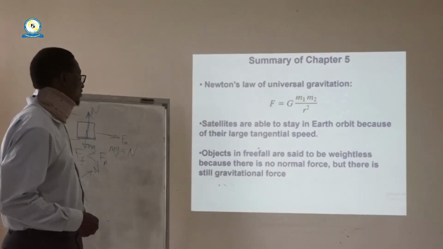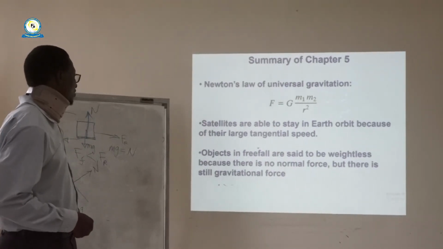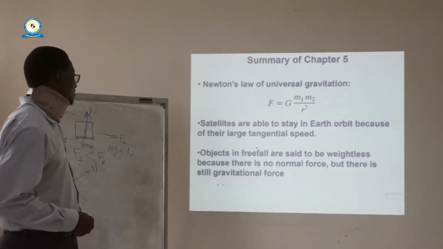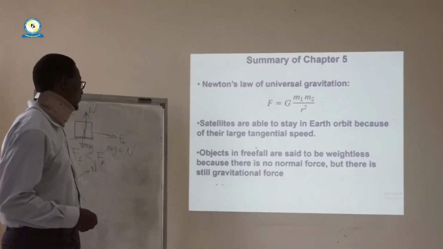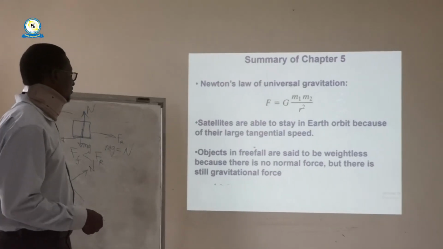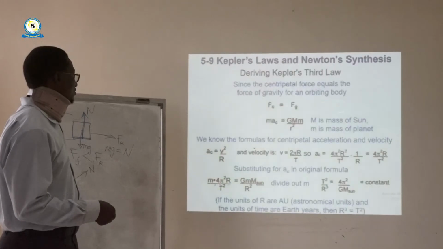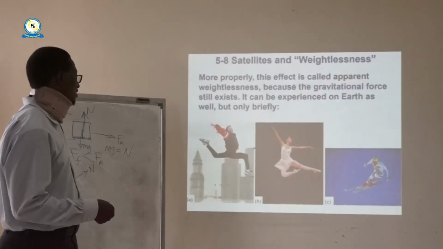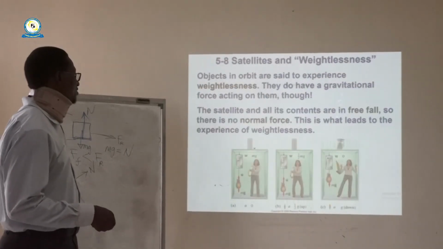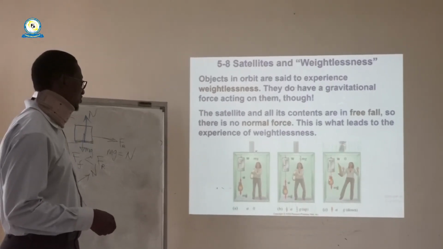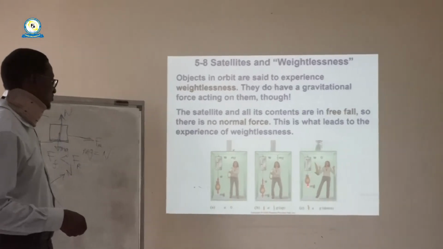Objects in free fall are said to be weightless because there is no normal force, but there is still gravitational force. Like the ones there, those three. In this case, no normal force here, only weight force there.